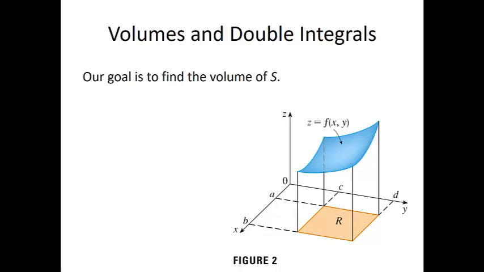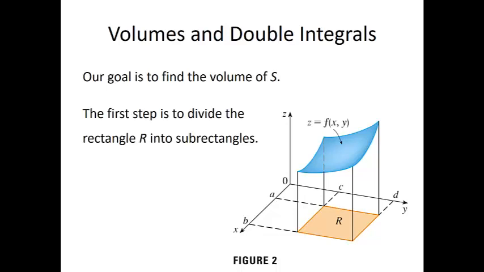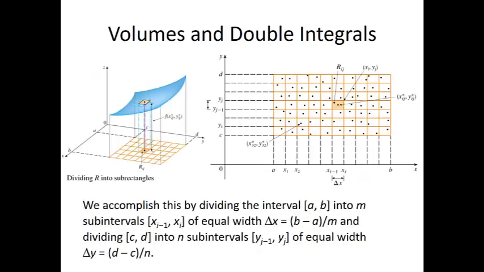And just as in the single variable setting, our first step is to chop things up. So we first divide the rectangle R into sub-rectangles. We accomplish this by dividing the interval from a to b into m subintervals of equal width delta x, computed as b minus a divided by m, and dividing the interval from c to d into n subintervals of equal width delta y, found as d minus c divided by n.